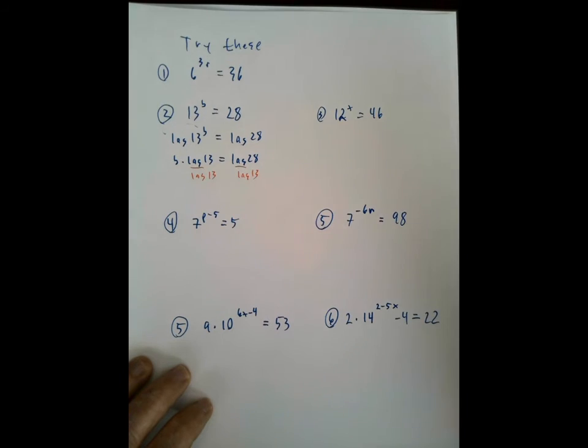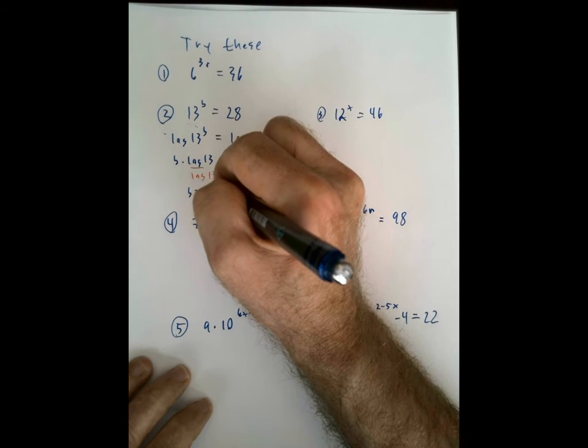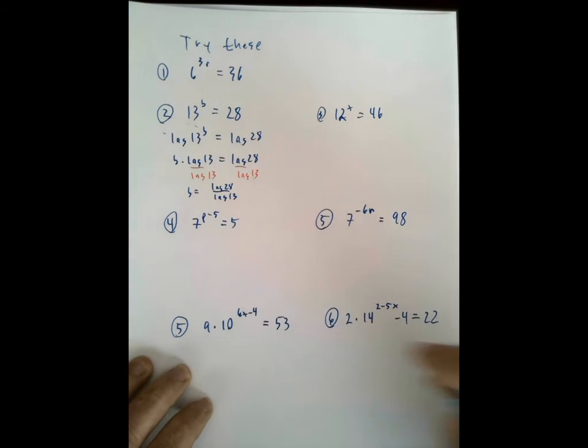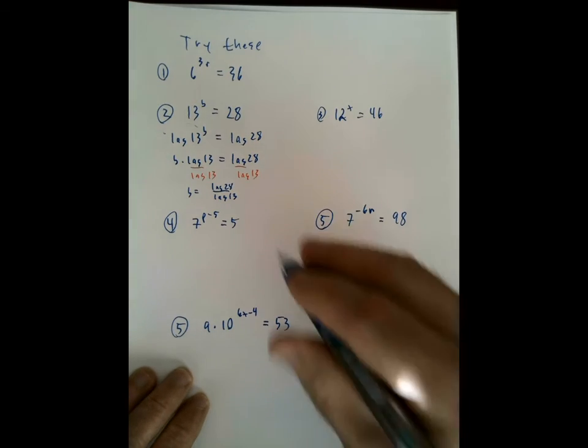All right. B is equal to whatever log 28 is divided by log 13. And according to Mr. Calculator, log 28 divided by log 13 is 1.299.